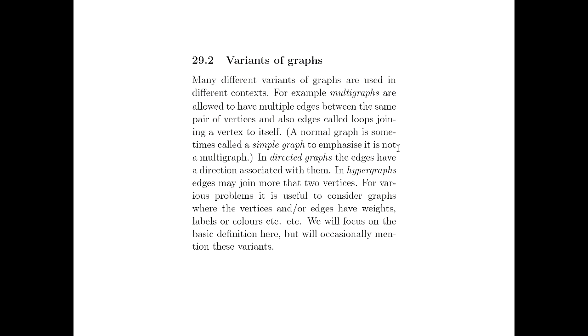So for us, we're looking at the basic object, and we don't allow any of those added bells and whistles I just talked about. But definitely in some applications, people want to include them, and you can do that. And mostly it doesn't change the theory a whole lot, but obviously in places it does. But we're going to stick basically with the basic object.